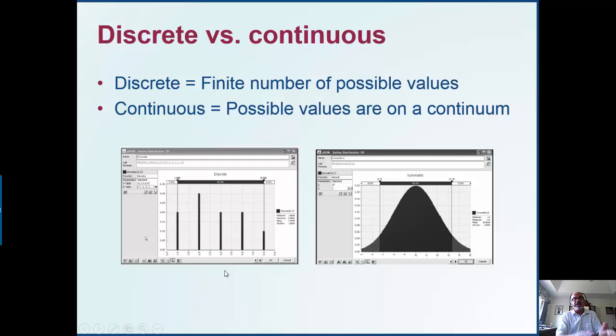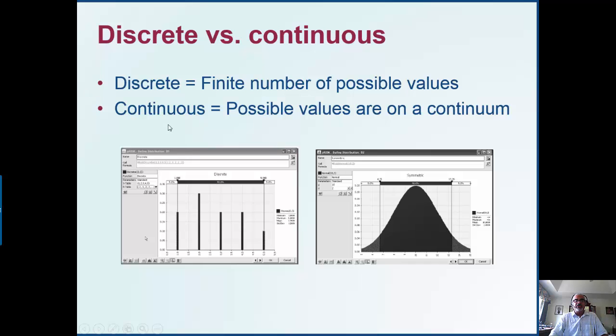That is a discrete probability distribution, with a finite number of possible values. As opposed to that, a continuous distribution is one in which there is a minimum value and a maximum value and any value in between, not some specific ones, but within a range, any possible value on the continuum is a possible value.